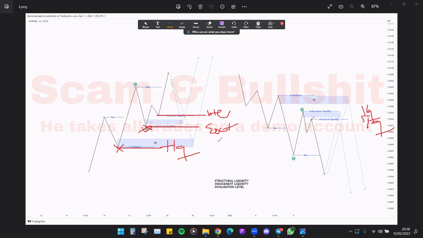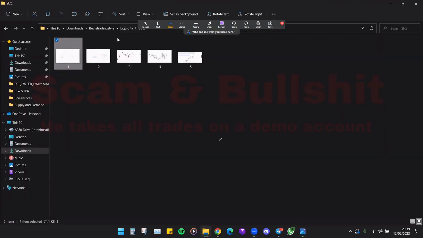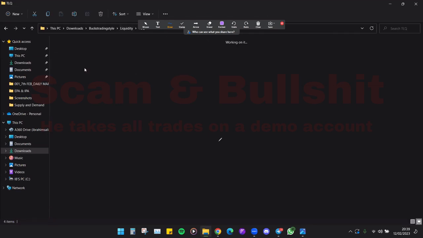This is for the sell scenario. After SLQ, we have ILQ, then we have TLQ. Same thing with this. After SLQ, we have ILQ, then we have TLQ. Understand this simple logic? Yes. Okay, cool. So now let's look at TLQ examples.